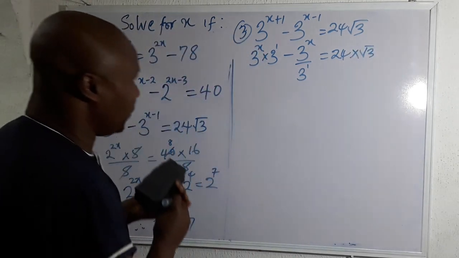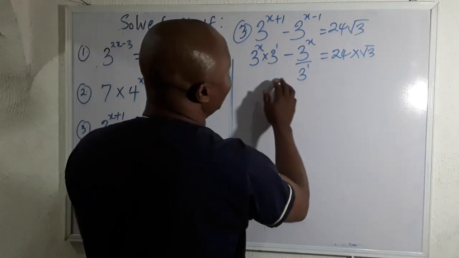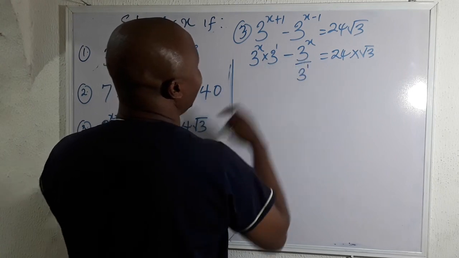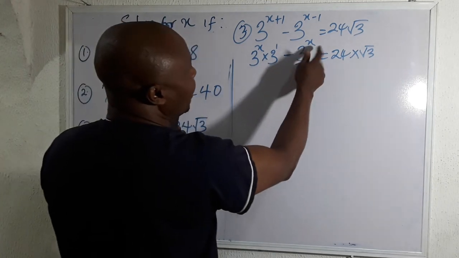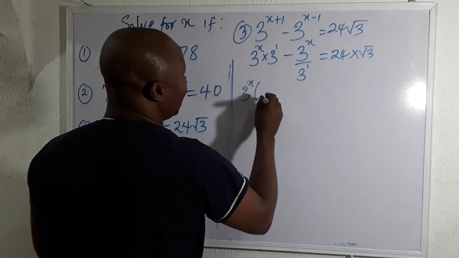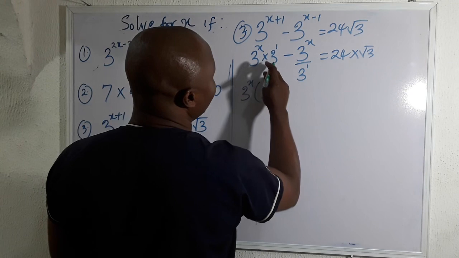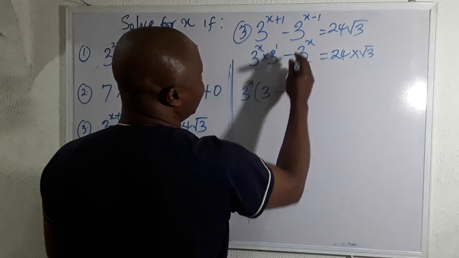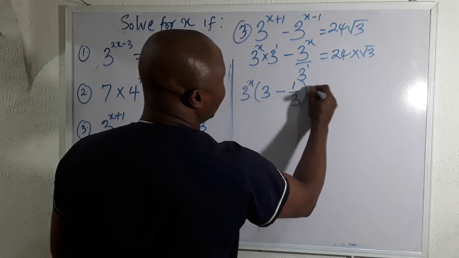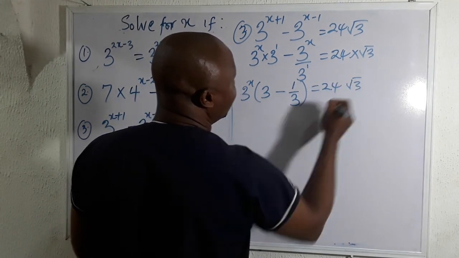So now we can decide to collect like terms here, factorize this 3 raised to power x out. That will be 3 raised to power x into (3 minus 1 over 3) is equal to 24 root 3.